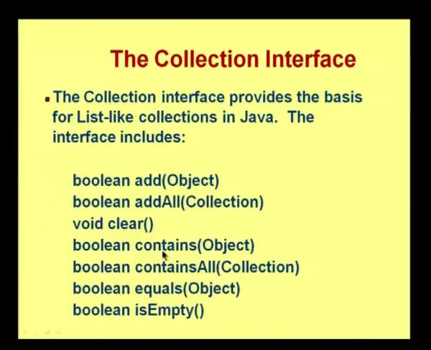With contains, I can check whether this object is available. I can check whether a particular collection is contained in a collection, whether a collection is equal to a particular object, and whether it is empty. All these are methods in the collection interface. They are not methods in any of the classes.